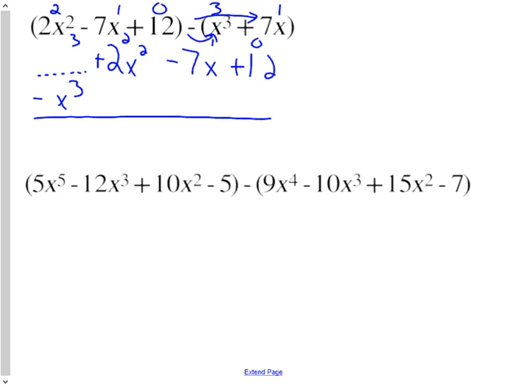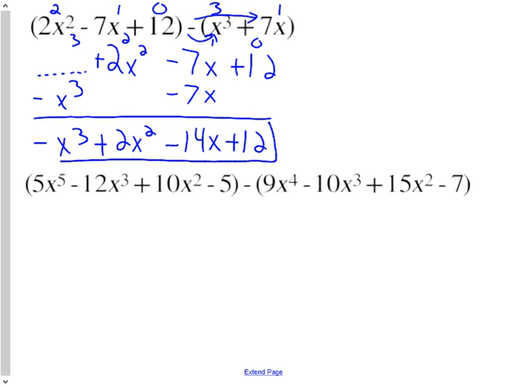So minus 7x there, right? Opposite of plus 7, and then adding. We flip the sign, we're adding, so we're not double subtracting. Minus 7 is minus 14x, and we really only have one calculation we need to do there, and that was the minus 7. Everything else was by itself. So pretty short and sweet. Negative x cubed plus 2x squared minus 14x plus 12.